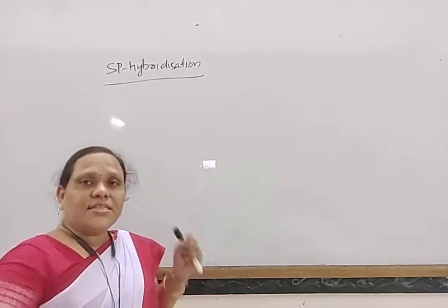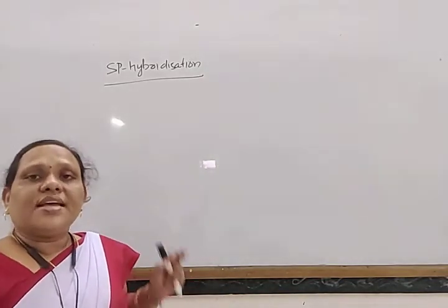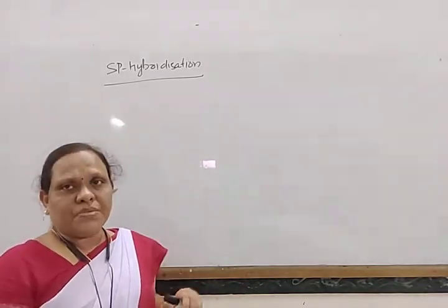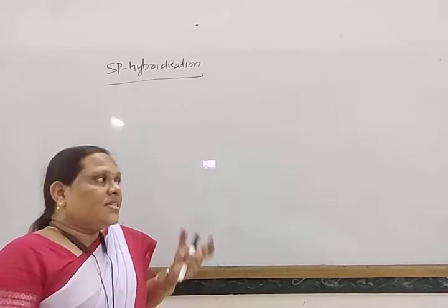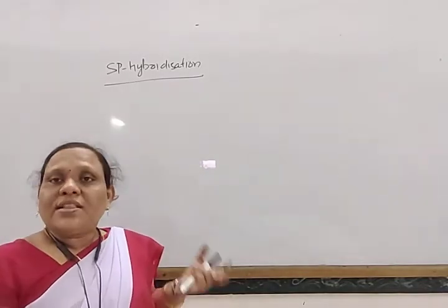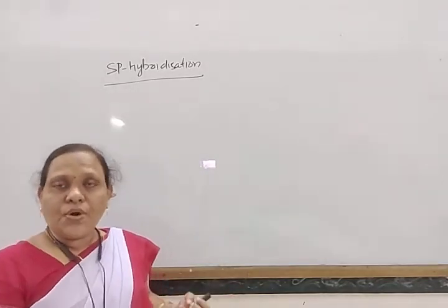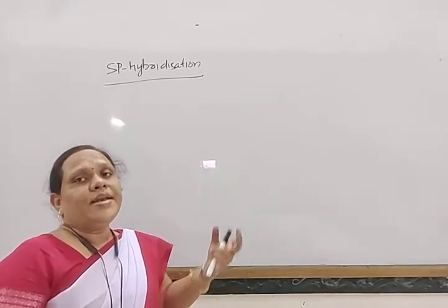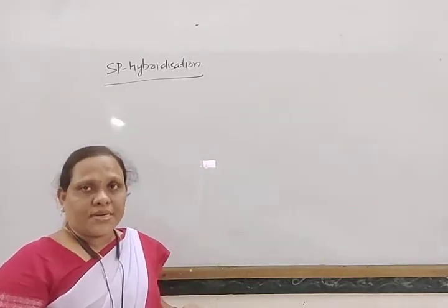As s is 1 and p is 1, the s character is 50% and the p character is 50%. So this is less elongated than sp3 and sp2, but bulkier than sp2 and sp3 hybrid orbitals.